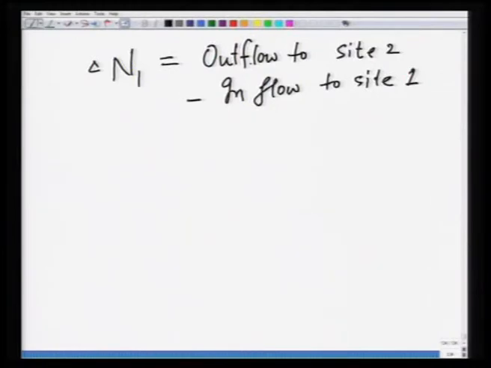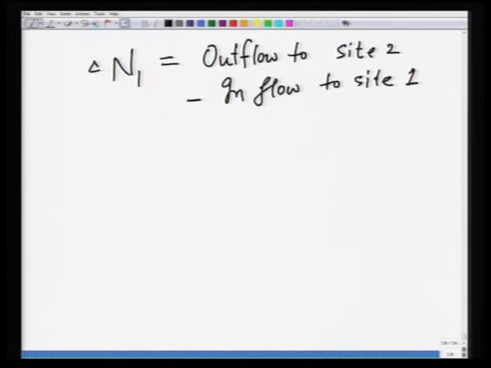So the net change in the dipole density, or number of dipoles, at site 1 will be equal to whatever has moved out from site 1 to site 2, minus whatever has come to site 1 from site 2.